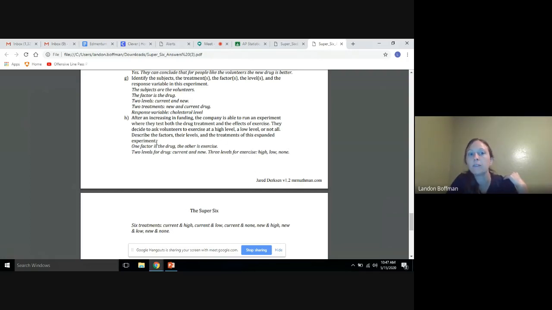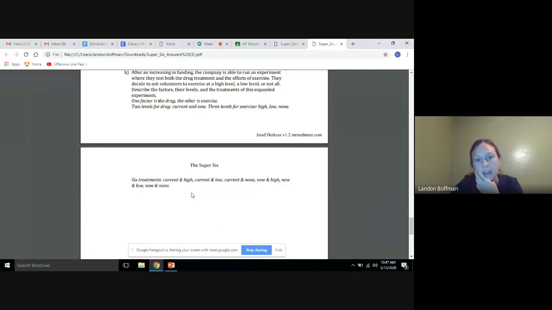Once you have 2 different factors, level and treatment aren't the same anymore. Level is how many different versions you have for each factor, and treatment is all the combinations combined. So you would have 6 treatments: current high, current low, current none, new high, new low, new none. I would think about it as a table, putting each factor on each side of the table.